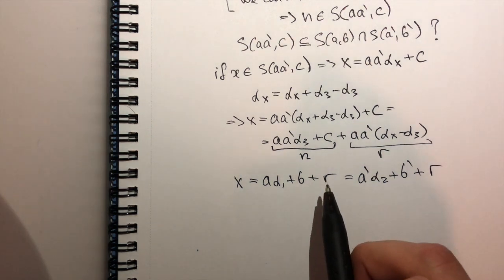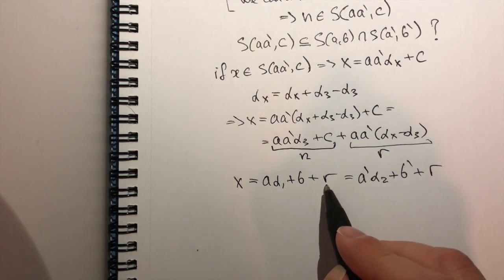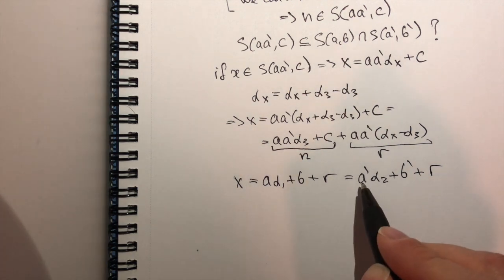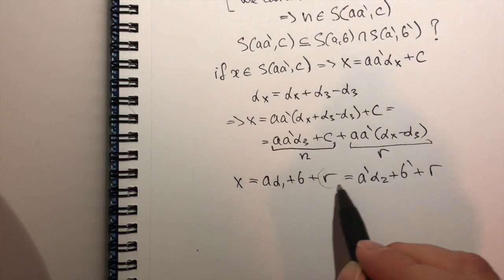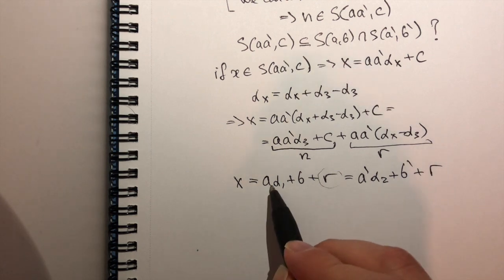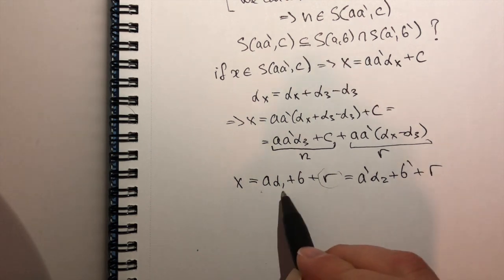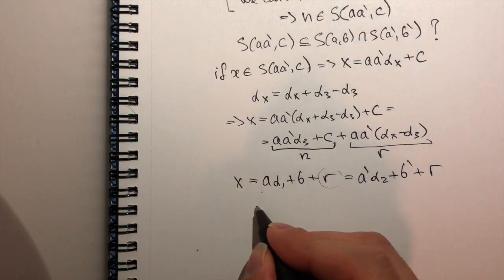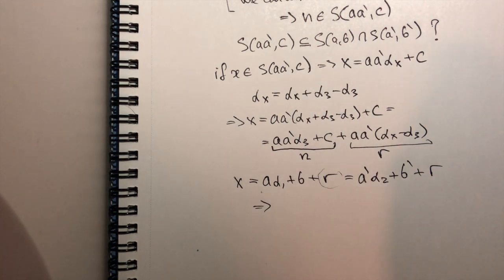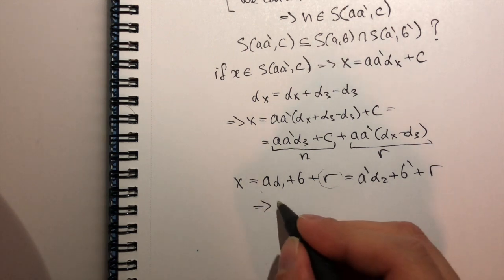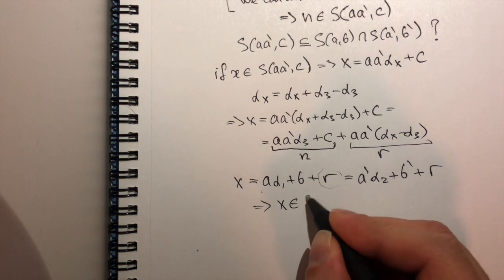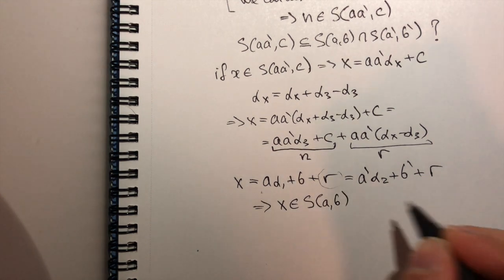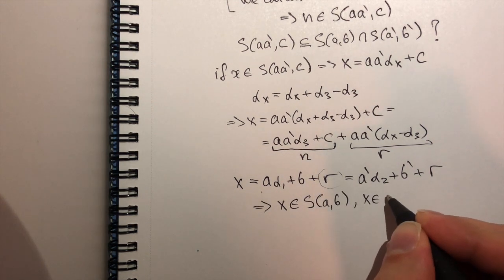But now, as I've noted previously, r is divisible by a and r is divisible by a prime. So actually, we can absorb r into this term with a new alpha. So, if you're not convinced, try to do this yourself. I have just demonstrated that x belongs to this set as well as to this set.